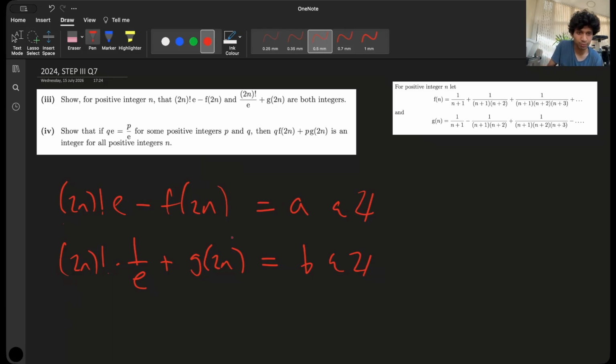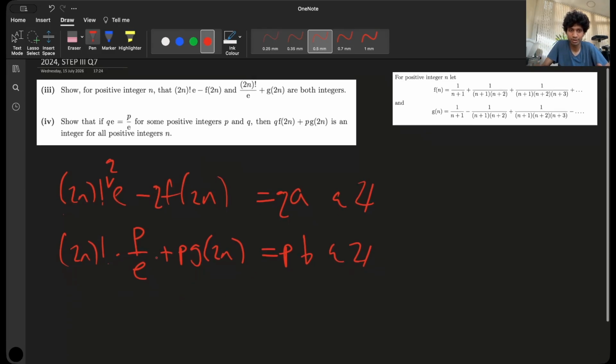If we do that, I'm going to overwrite it here. I'll put a q here, and then this is q f of 2n, and this is qa, which is of course still an integer. And over here we have a p that goes here and here and here. This is great, this looks like pretty much what we want, because we know that qe equals p over e.